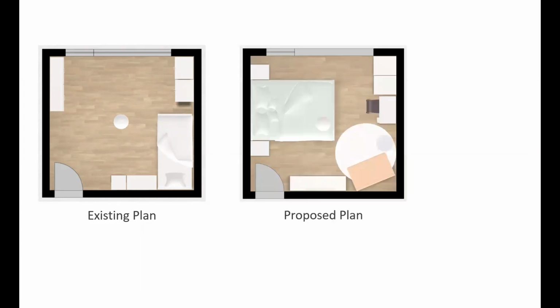So now using Roomall, you've created your existing floor plan of your room, and you've chosen your final proposed plan, the best one that works for you. So always check with your floor plans that the circulation space, there's space for the door to open into the room and you can walk around the furniture easily enough. There's space to open any drawers or open any wardrobes here.